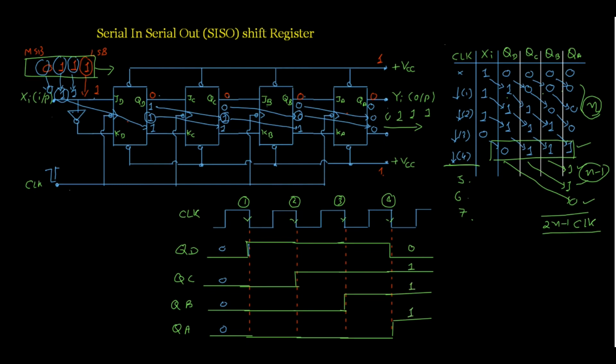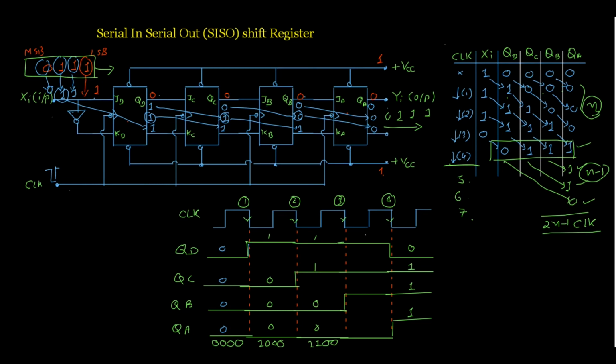So if we see at different stages what the content of the register is, then when we have no clock pulse, the content of the register is 0, 0, 0, 0. Then we have 1, 0, 0, 0. With the second negative edge, it is 1, 1, 0, 0.